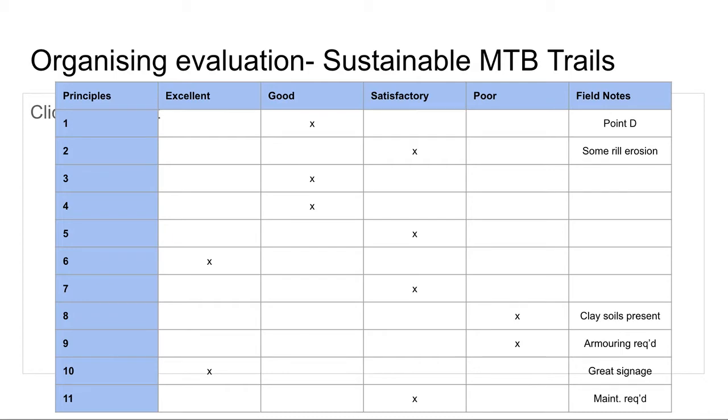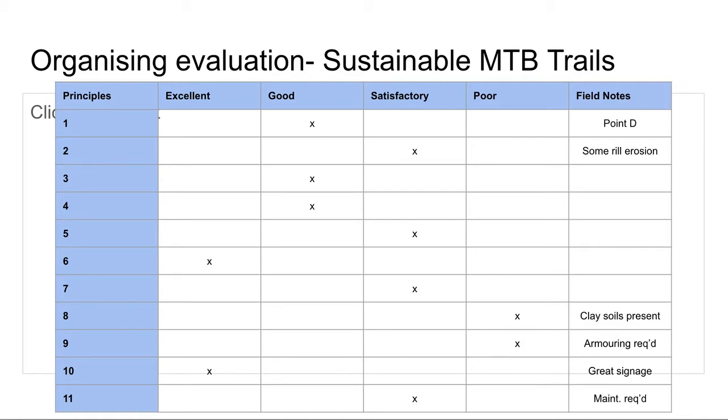So I've obviously identified that, okay, so Wayne Richards Trails, and I've just done this myself, so this isn't reflective of where it's at, it's meeting principle number 6 to a high standard, whereas number 8, it has clay soils present, which means there's some issues there, and I've made some field notes as well, and maintenance required, but it has great signage, as we can see, which means that it's meeting to an excellent standard, principle number 11.